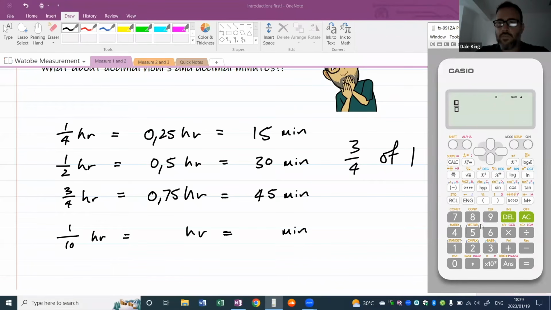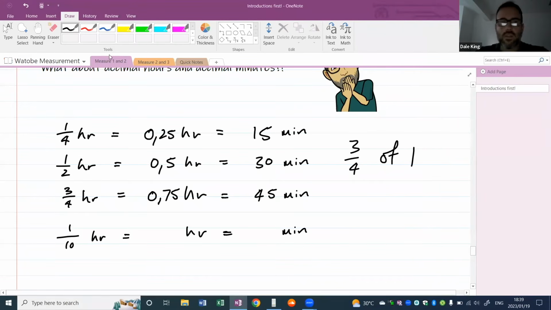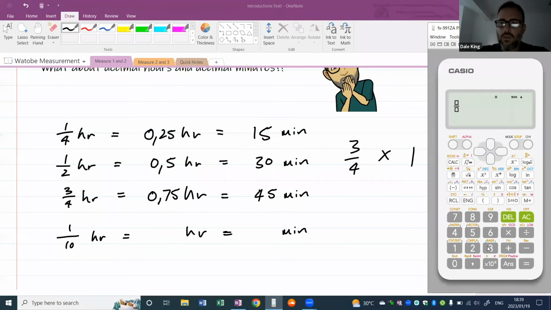If we say of means times, we can change the of to times, and then use the calculator to help us out. So 3/4 times 1 hour, and if we use the S-D button to change it from fractions to decimals, you get 0.75. So 3/4 of an hour becomes 0.75 of an hour.